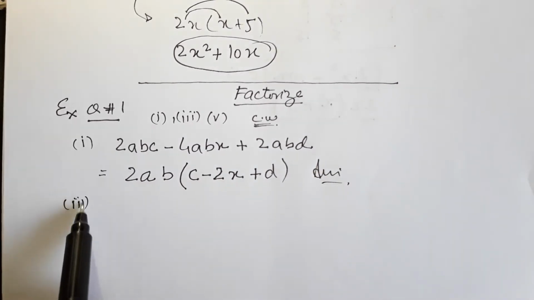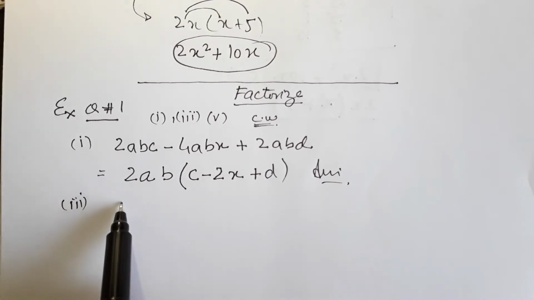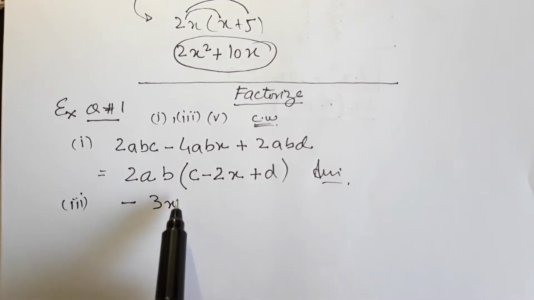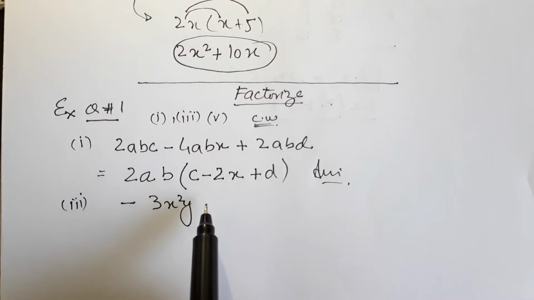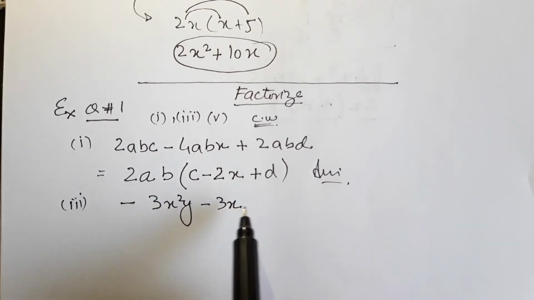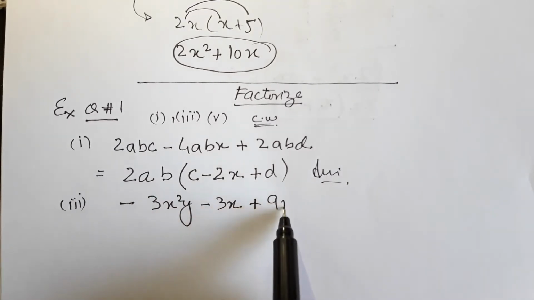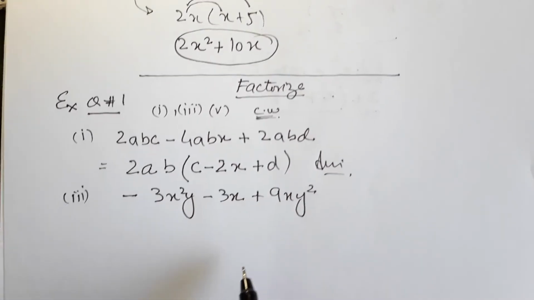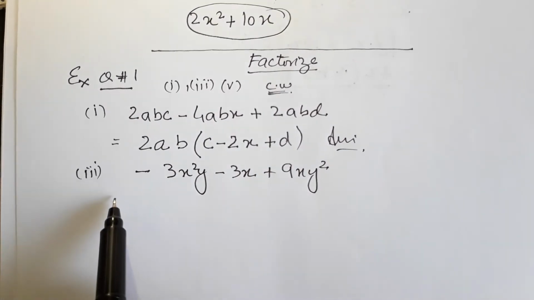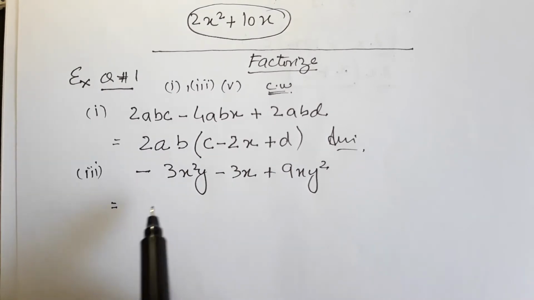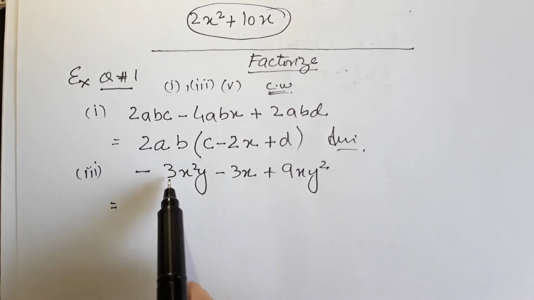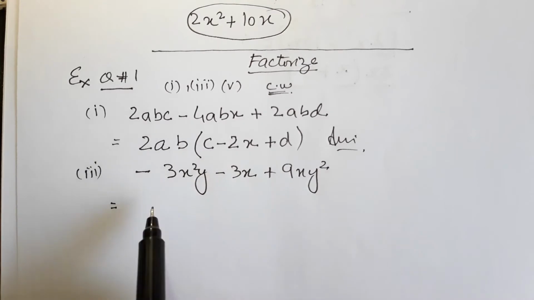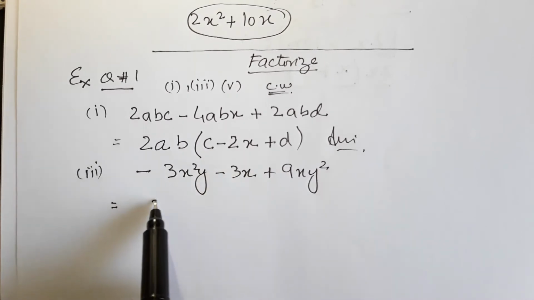Come to the third part, which is minus 3x square y minus 3x plus 9xy square. In factorization we have to check the coefficient first. 3, 3, 9, here 3 is common.